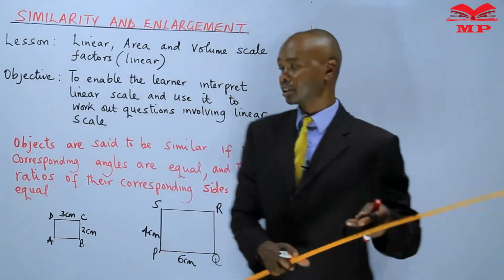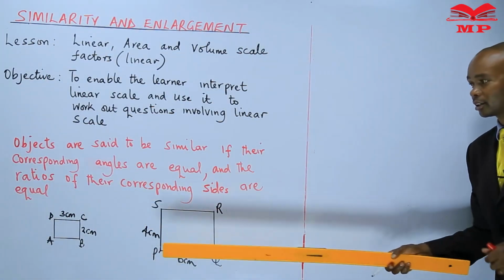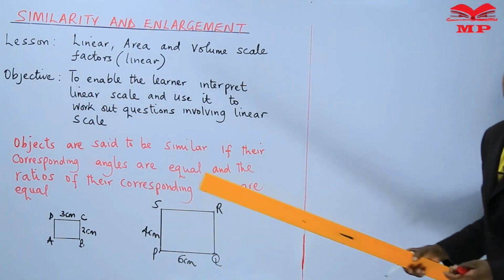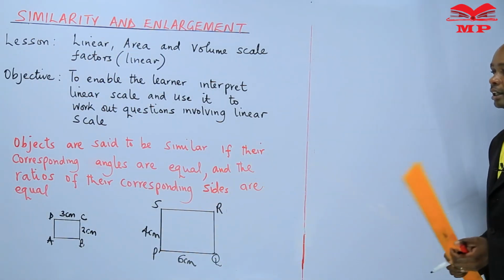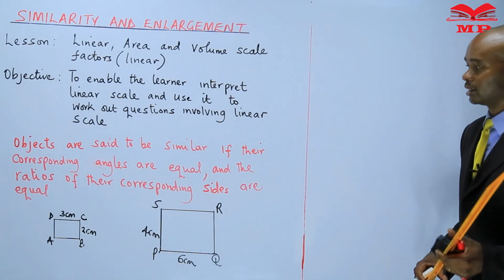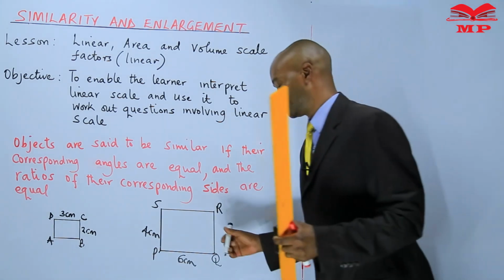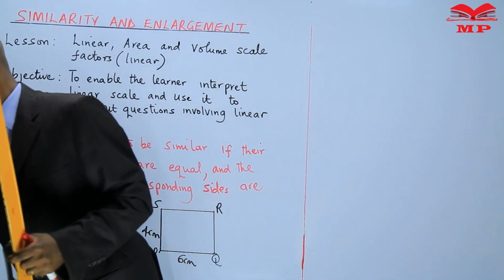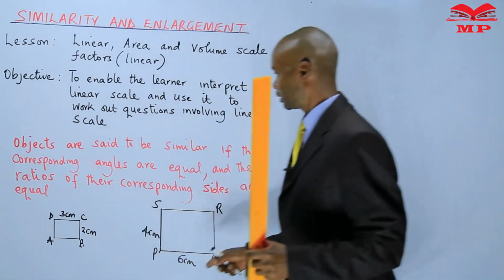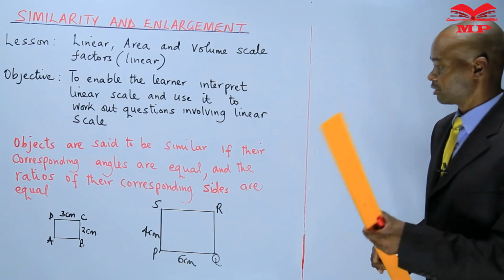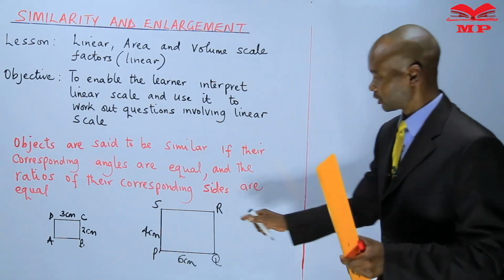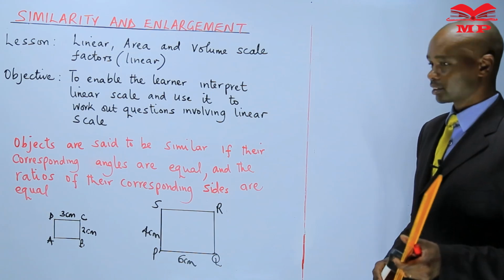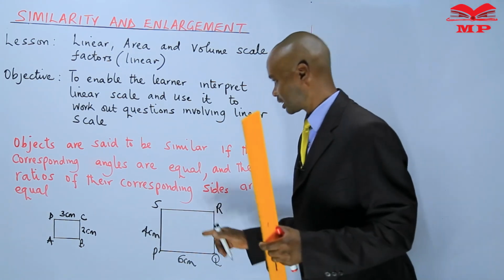So let's take a look at those two triangles, ABCD and PQRS. One would say these two are similar because their corresponding angles are equal.